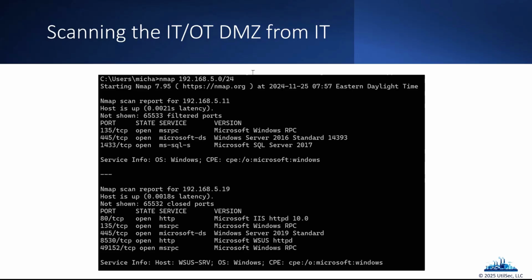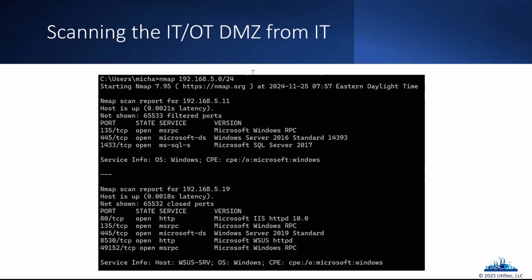So more than likely, this is a data historian sitting in the DMZ. It's very common to have a data historian sitting in the DMZ, but there's no reason it should be accessible from IT. Remember, we don't want IT to reach into OT to get the information. We push the information from OT to IT, so we don't have an exposure like this. We shouldn't be able to see these ports from IT.